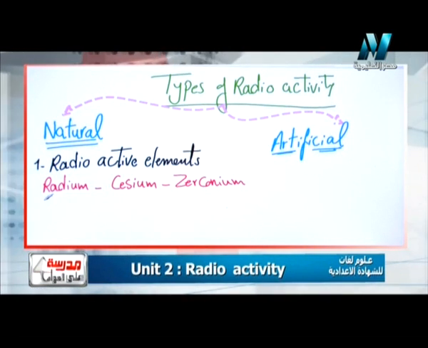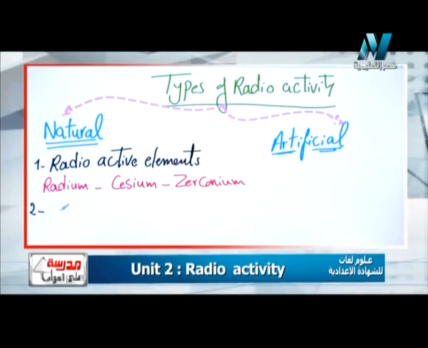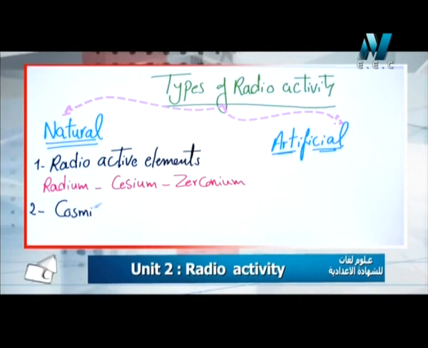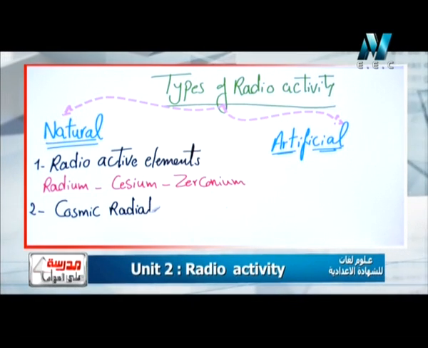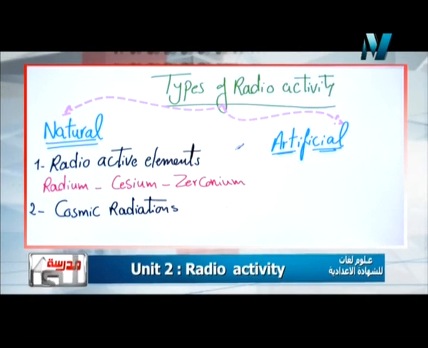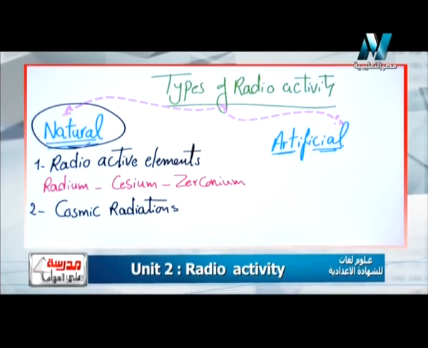Okay, so they are a natural type of radioactivity. And we have cosmic radiation. Cosmic radiation, which belongs to the natural radioactivity.